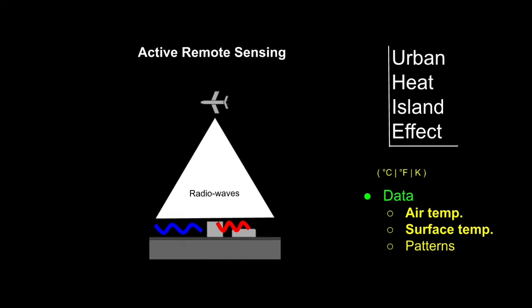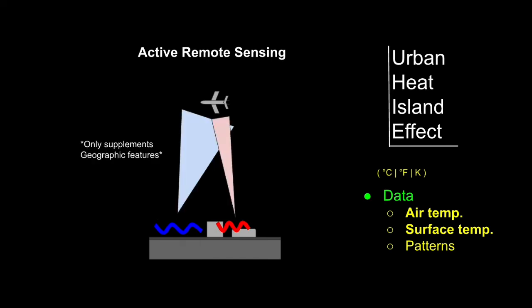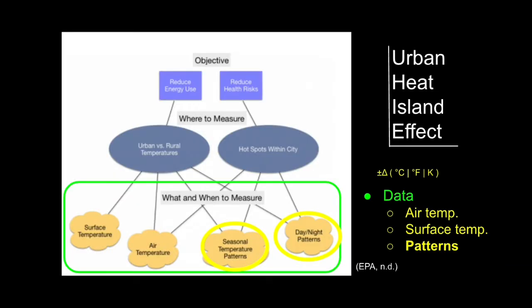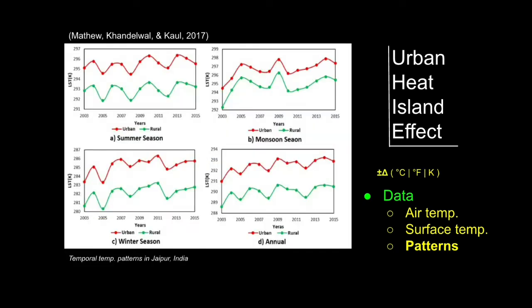and you see the difference here. Now, the third data that we need to consider is the temporal patterns. These are the differences in temperature through time. You can see an example here in a city in India that during summer and winter, the urban heat island is more evident.